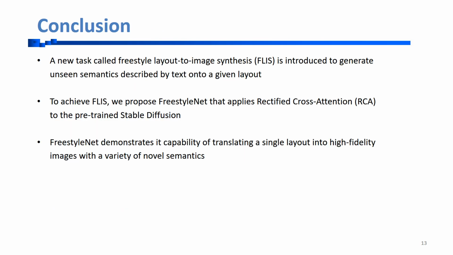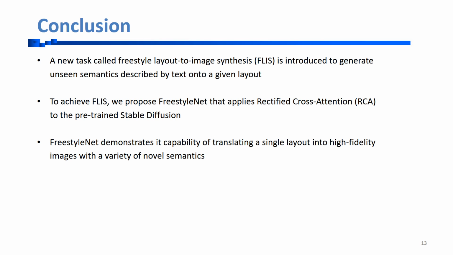So here comes the conclusion. We introduce a new task called Freestyle Layout-to-Image Synthesis, which aims to generate unseen semantics described by text onto a given layout. To achieve FLIS, we propose FreestyleNet that applies rectified cross-attention to the pre-trained Stable Diffusion.